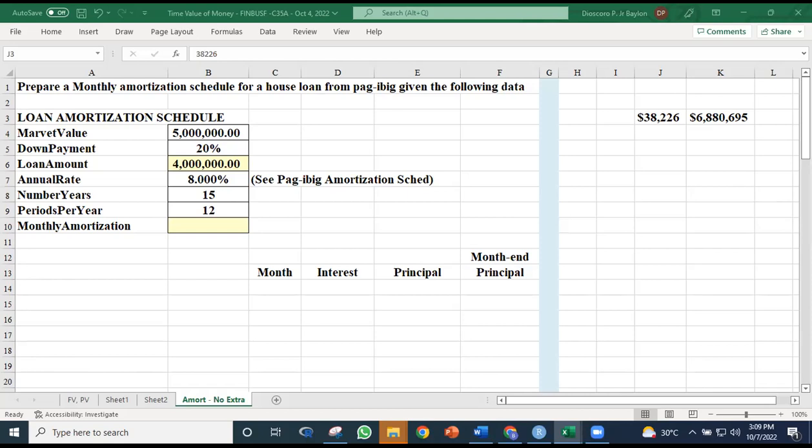30 seconds more, guys, please. Si Rafi pa lang nagsasubmit, no? It doesn't matter, class, if you didn't get the correct answer. We will learn from your formula. What's important is that you tried to do it.